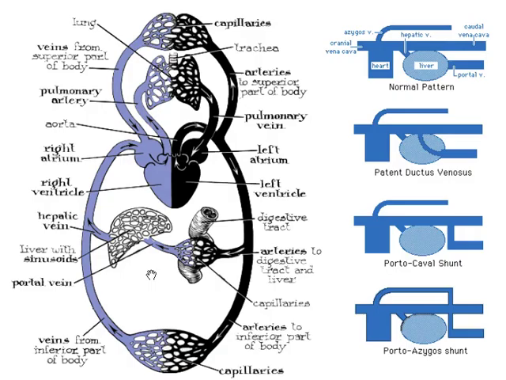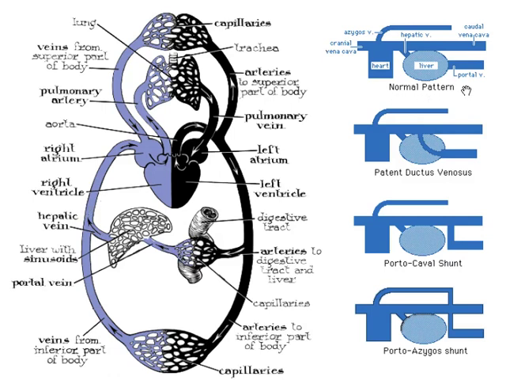This image on the left shows the normal adult pattern of blood flow. Notice that the portal vein is conveying blood from the digestive tract to the liver, and that blood then would pass through liver sinusoids and be detoxified before it enters the systemic circulation. This is diagrammed on the right.